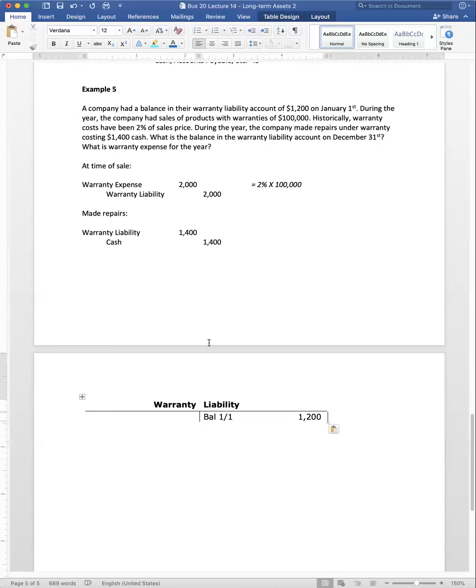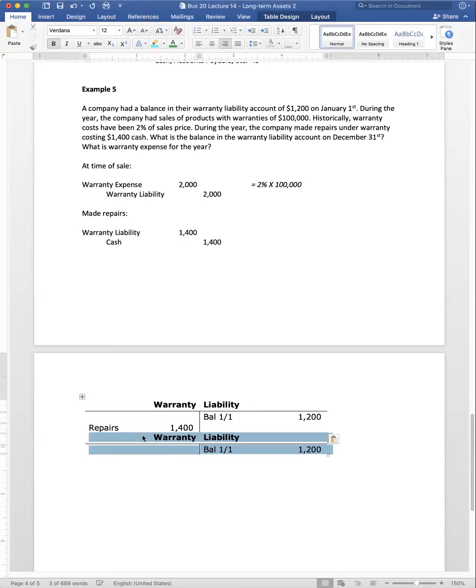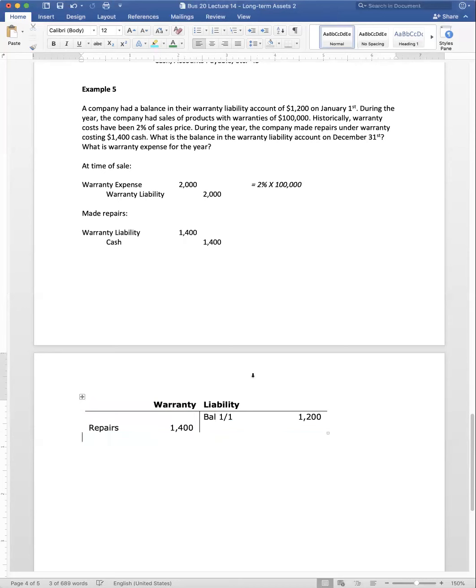All right, now what happened during the year? Well, during the year, we debited the warranty liability for $1,400 when we made repairs, right? And the other thing that happened is we credited the warranty liability for $2,000 when we sold products, right, and recorded more expense.